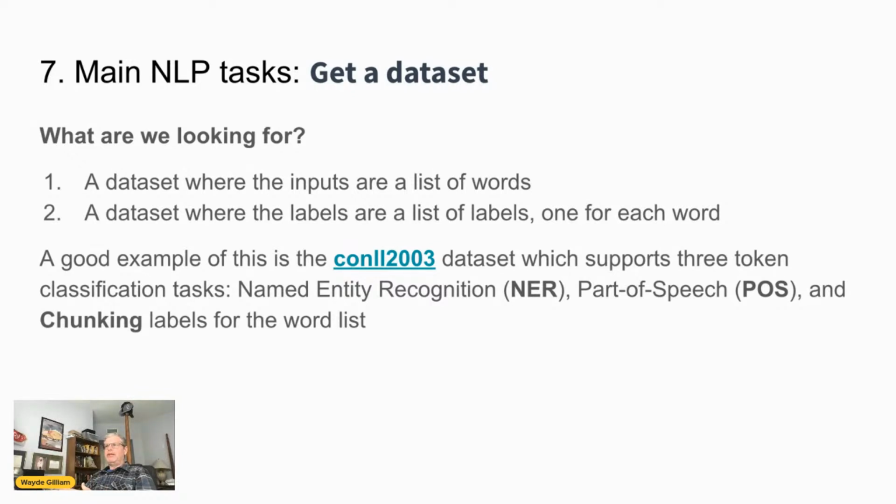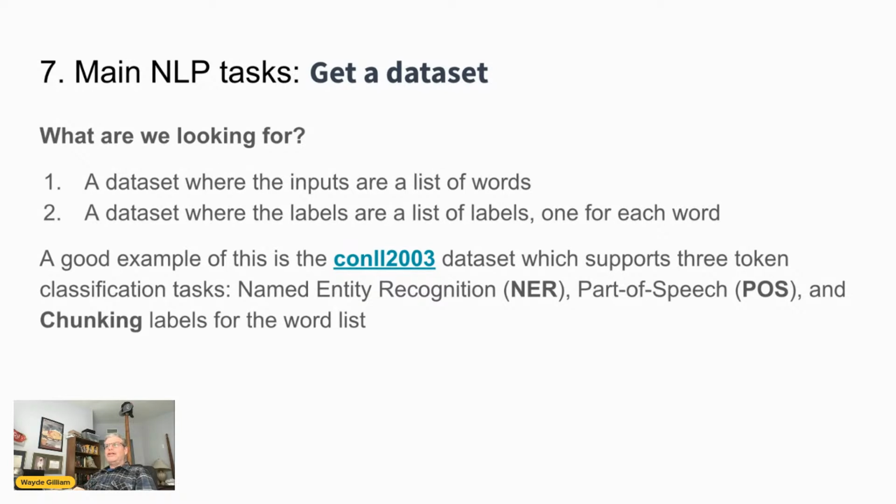Probably the best dataset is the CoNLL 2003 dataset. I like it because not only do you get the inputs, the text, but you also get the labels for three types of token classification tasks: named entity recognition, part of speech, and chunking.